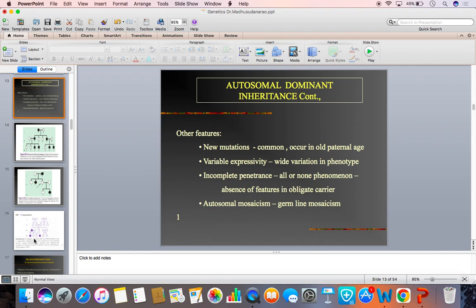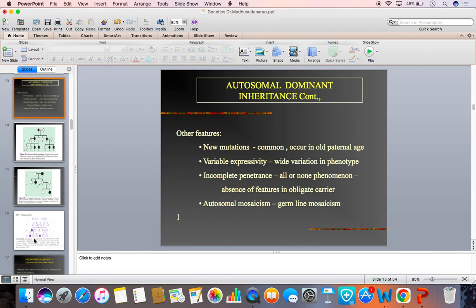Every individual who is diseased with autosomal dominant inheritance does not show the same phenotype. There is variability in the spectrum of manifestations. That is called variable expressivity.